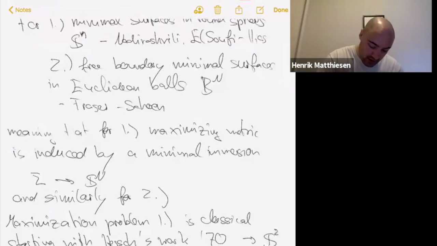So then also Nadirashvili, and there are some other names to mention. So there's El-Zufi, Giacomini, and Jazar in 06, and then you should also combine this with more recent work of Cianci, Karpukhin, and Medvedev.